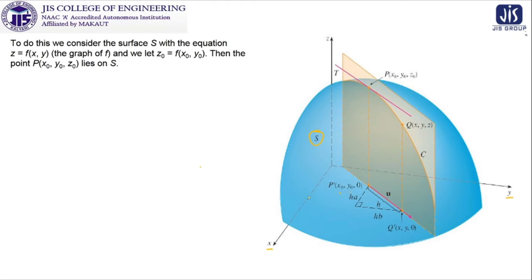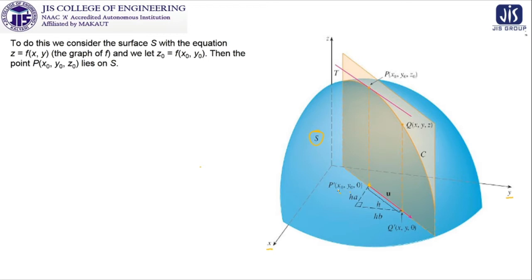Then putting this value x0, y0 in z equal to f(x, y), you will get another value, which is z0. So this point is (x0, y0, 0), because here we are taking the point on the xy plane.